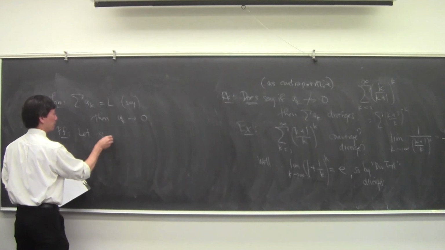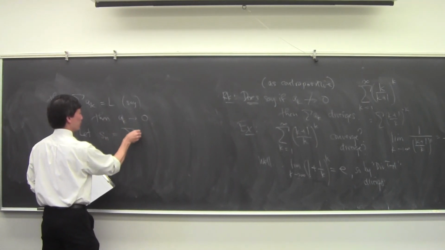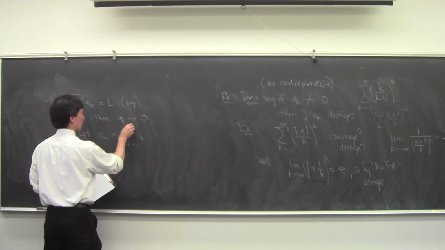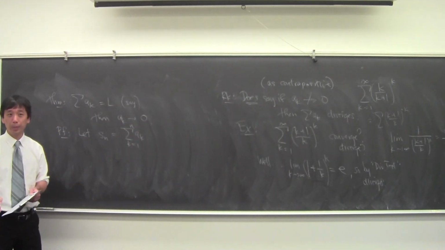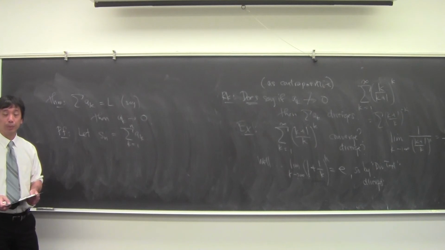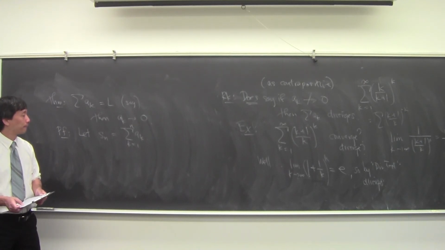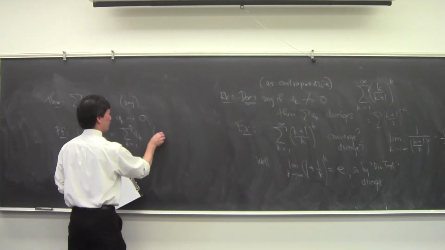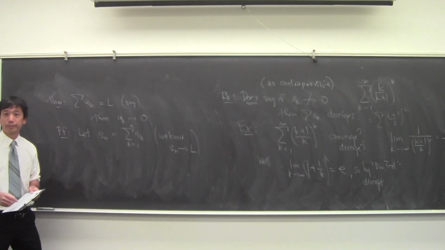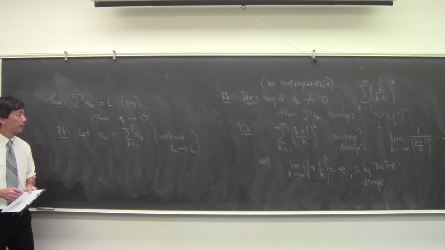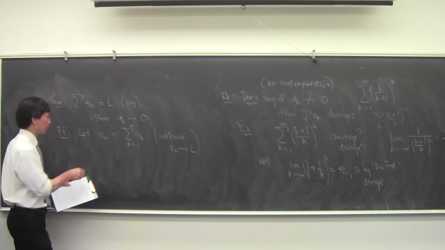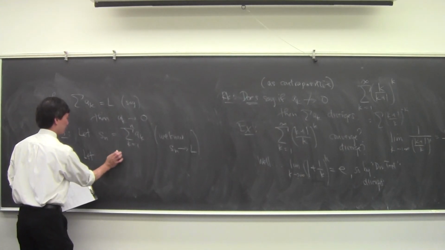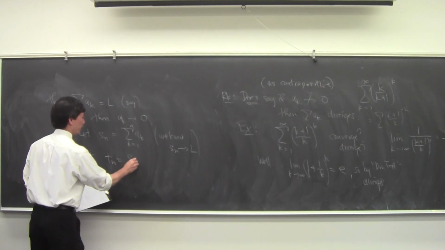Let S of n be, as usual, the sequence of partial sums. So we know that the S of n converge to L. Let T sub n be S of n minus 1.